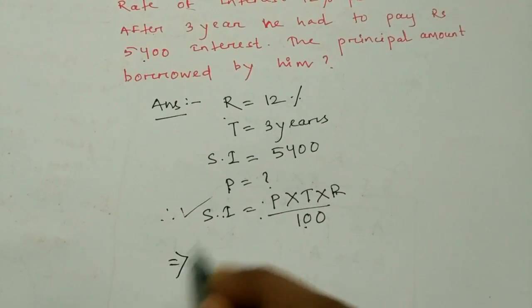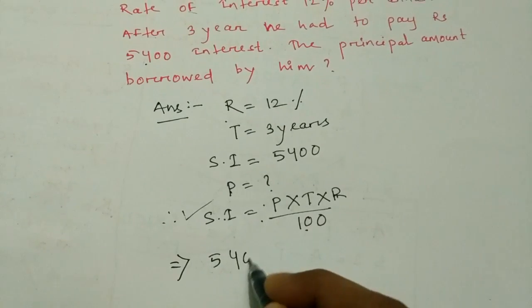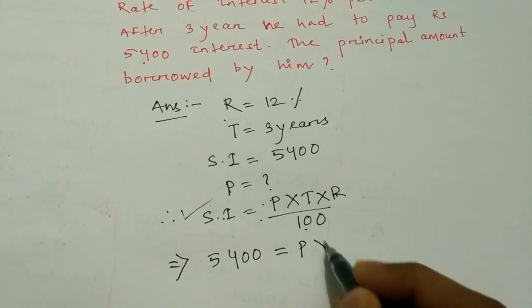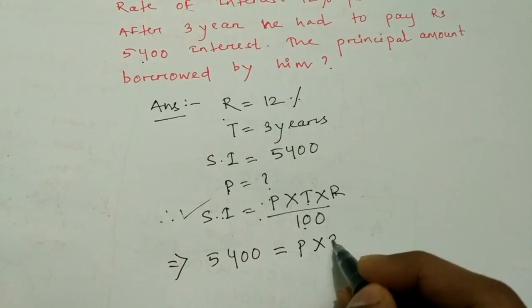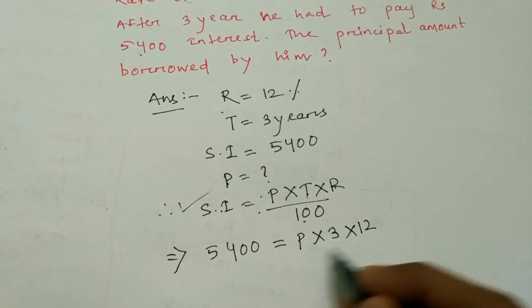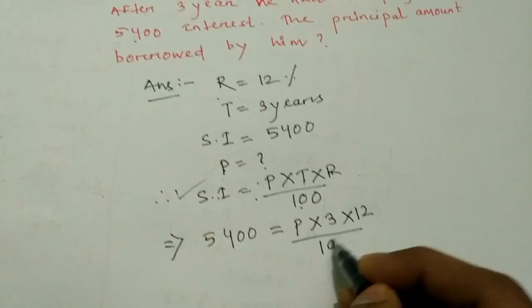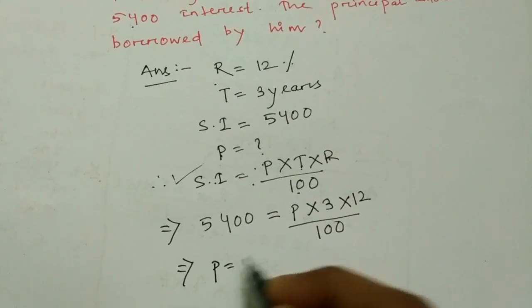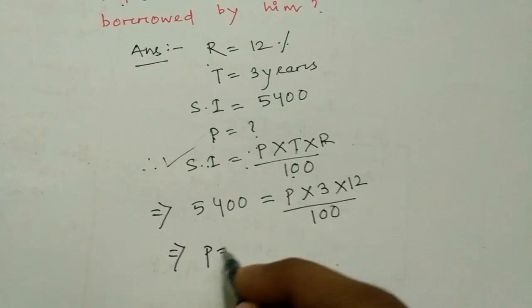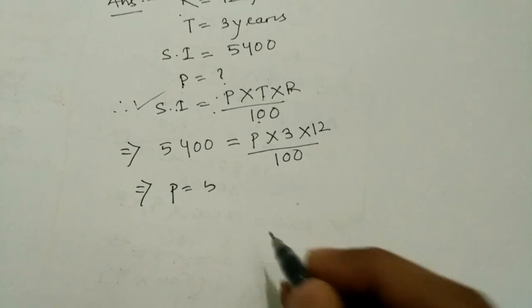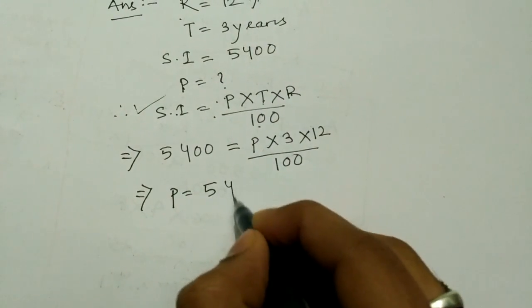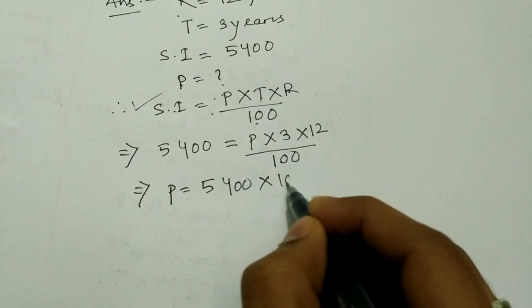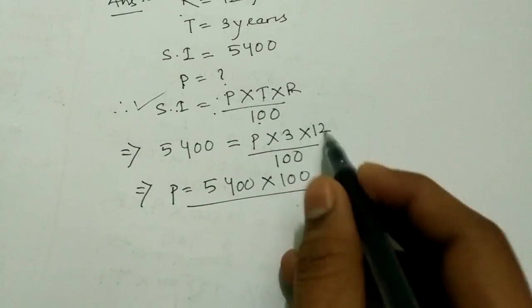So SI will be 5400 is equal to the principal value we have to find out. So let it be P, and T is given as 3 years, and R is 12 divided by 100. So P equals 5400, 100 is divided here, so do the multiplication, divide by 3 into 12.